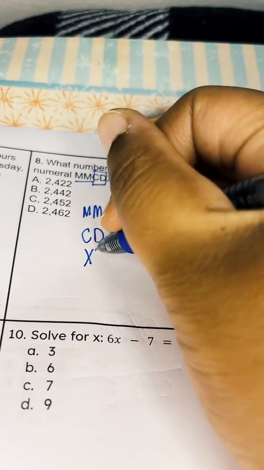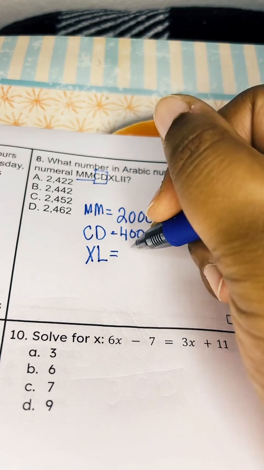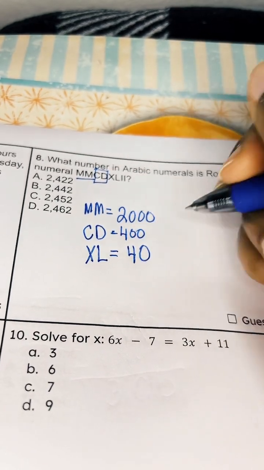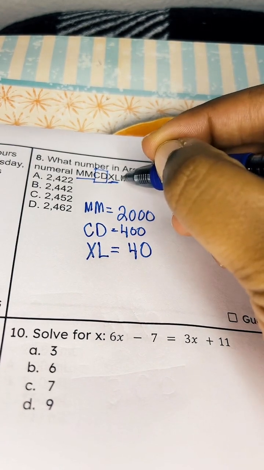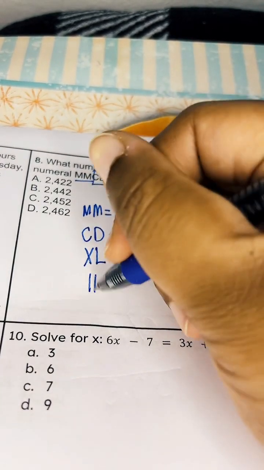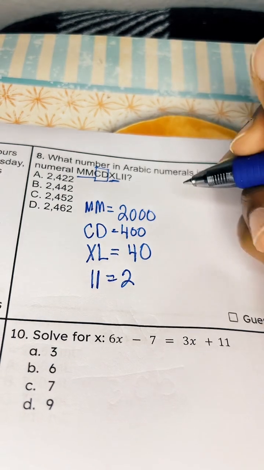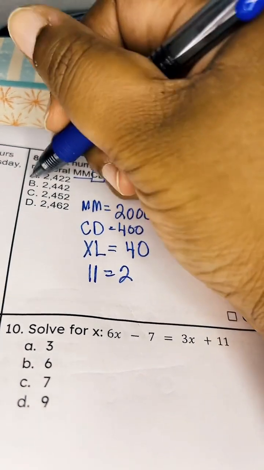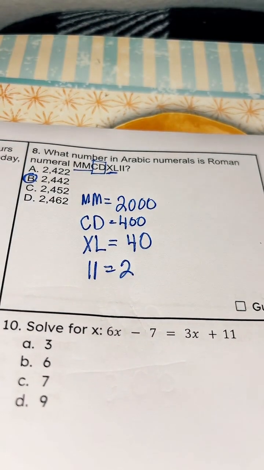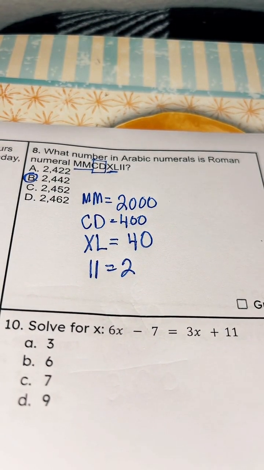XL is equal to 40. Okay. And then this means 2. So when we add 2,442, it is B. I know, crazy, huh?